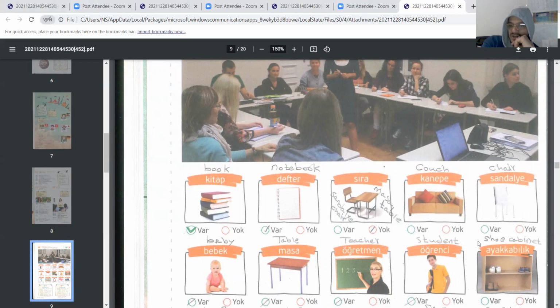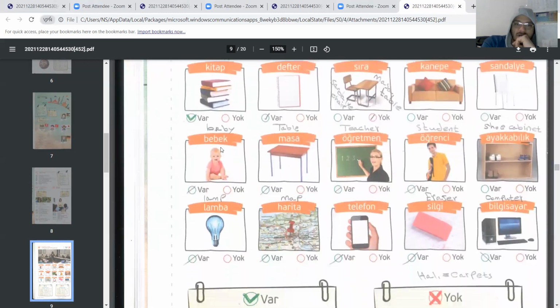Chair, var. Baby, bebek in Turkish, var. Some similarity between Turkish and English, and we will say many words that both of these languages share, like economy, many words like that. Credit card, but the Turkish people say kredi kartı.